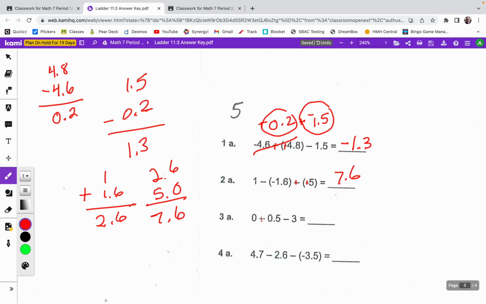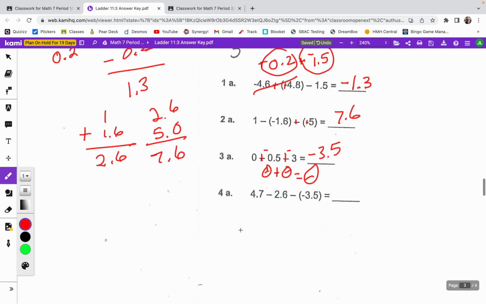0 plus a negative 0.5 plus a negative 3, so this is negative plus negative is even more negative, so that's negative 3.5. 4.7 plus a negative 2.6, we have to find the difference.